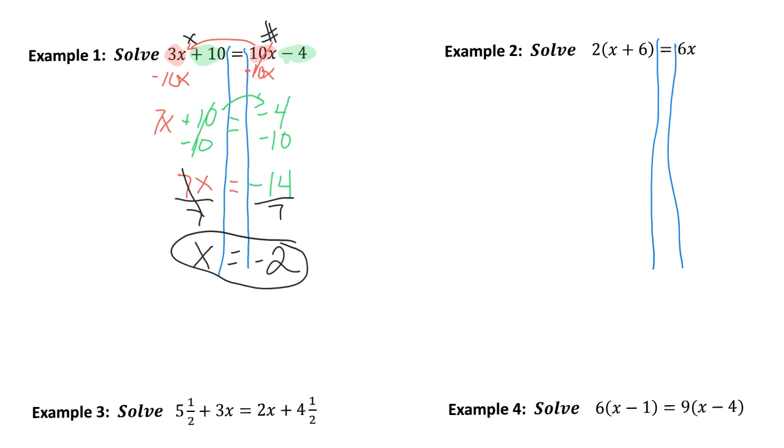Okay. Now, the first thing that I need to do here is to distribute that 2 into both the x and the 6. So 2 times x is 2x. 2 times 6 is 12. And I bring my plus sign down. And then equals 6x. Okay. So we want to get our x on one side and our numbers on the other side.